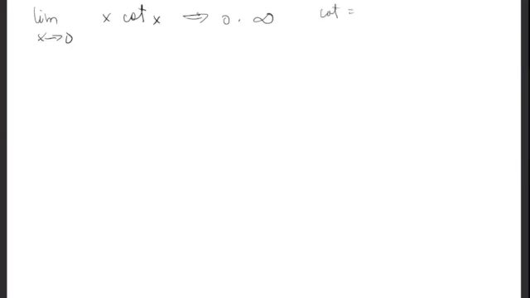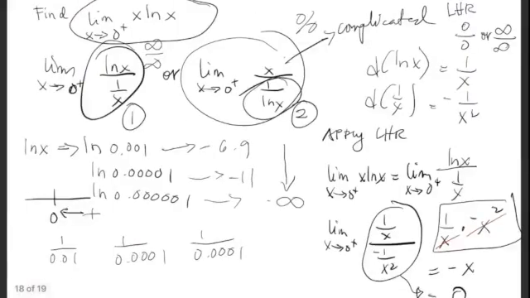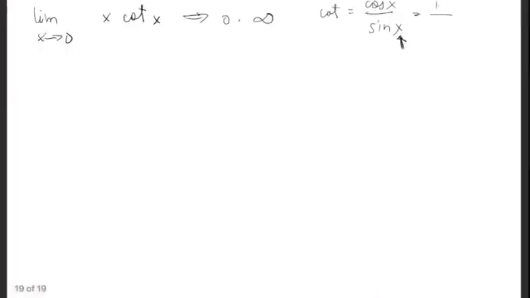Cotangent is inverse of a tangent, which is cosine of x over sine of x. So, ibig sabihin, as your x approaches 0 dito, ito magiging 1. Pero as x approaches 0, as x approaches a value of very, very small, di ba? A number divided by, ginawa na natin yan dito. Infinity yung sagot nyo. So this would be equal to infinity.